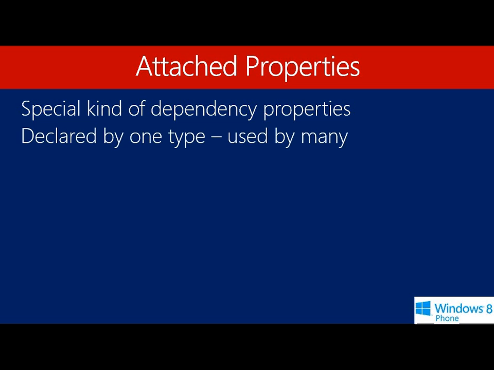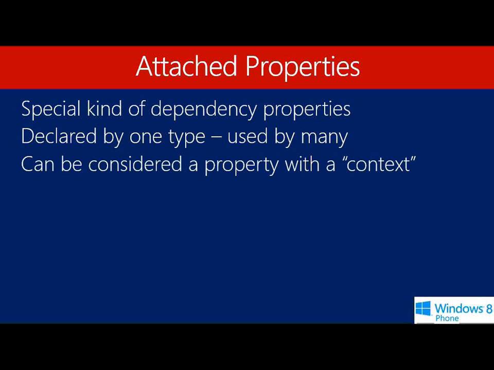Usually a type declares a property, and that type can use that property, and every type that derives from that, but nothing more. However, here we can see that one type declares a property, but anyone can use that.